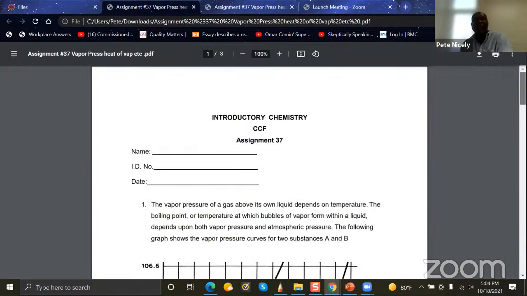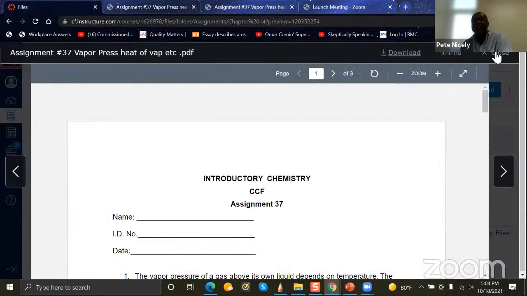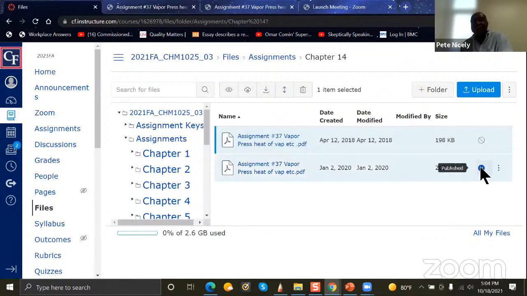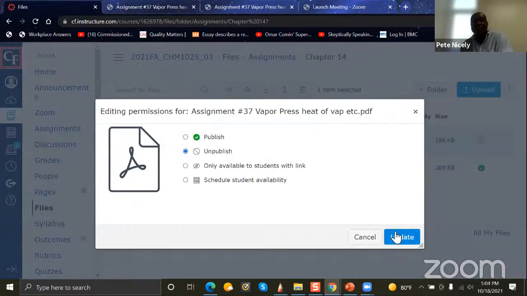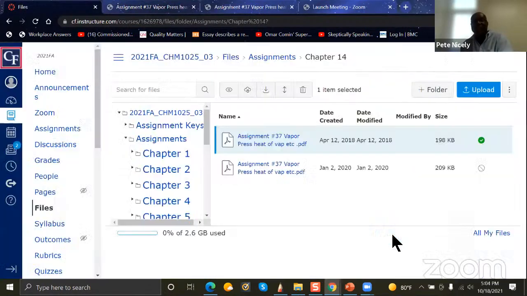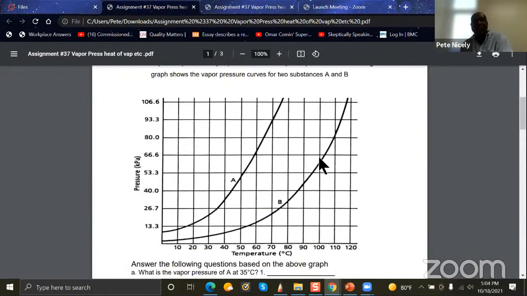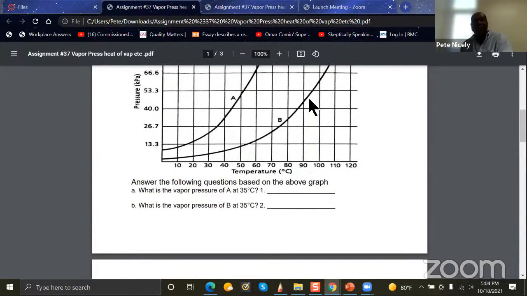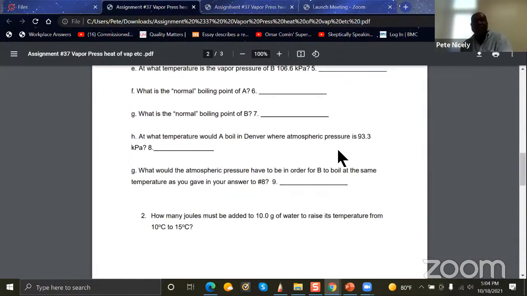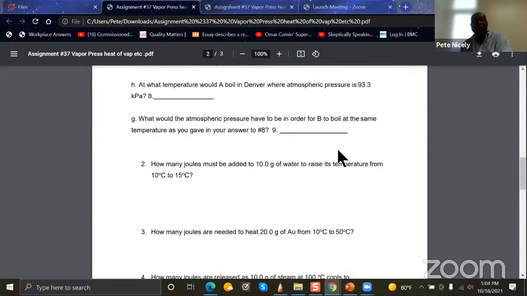Okay, you know what? I realized something. Let me unpublish this and publish this version. This is the one that you should be able to work. Let me just check it one more time just to be sure.